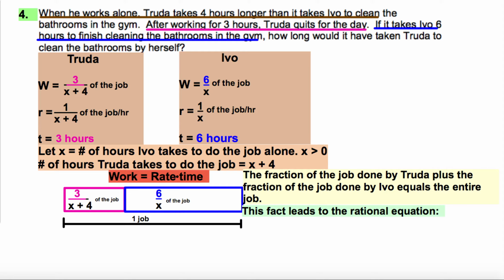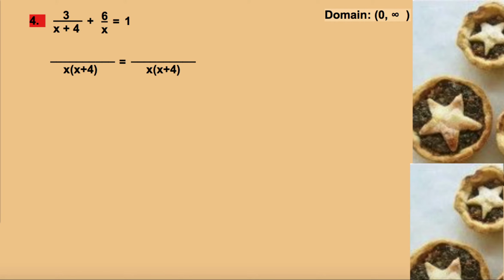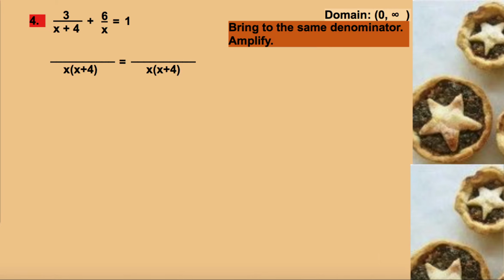This fact leads to the rational equation 3 over the quantity x plus 4 plus 6 over x equals 1 on the domain open interval 0 to infinity. Find the LCD, which is x times the quantity x plus 4. Bring to the same denominator by amplifying.